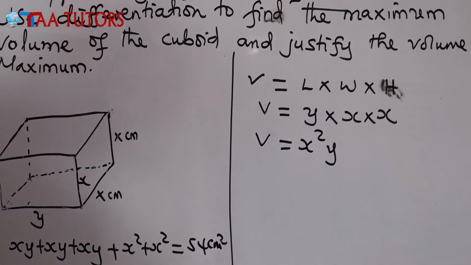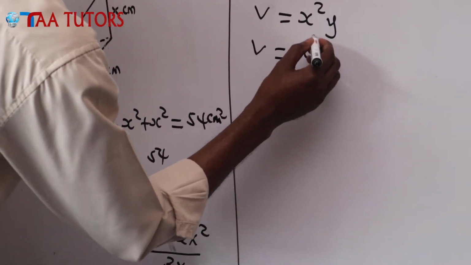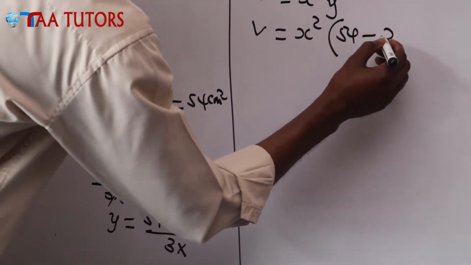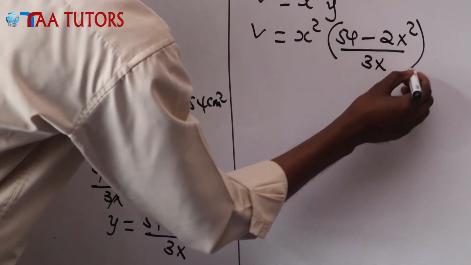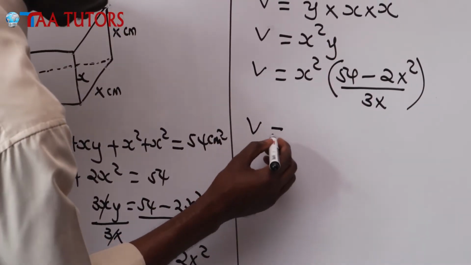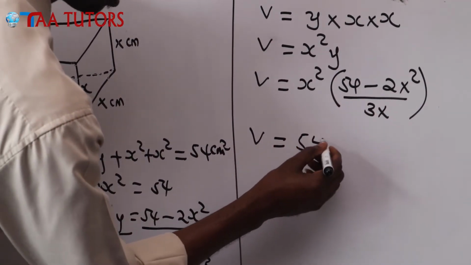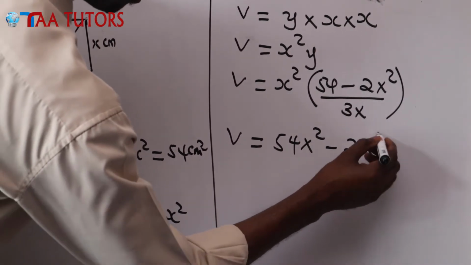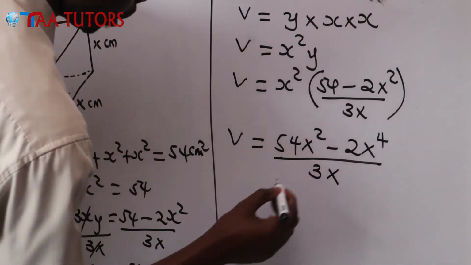So x squared y, but y is down here, so I'll say V equals x squared into (54 minus 2x squared) over 3x. Opening bracket, this is 54x squared minus 2x to the power 4, divided by 3x.